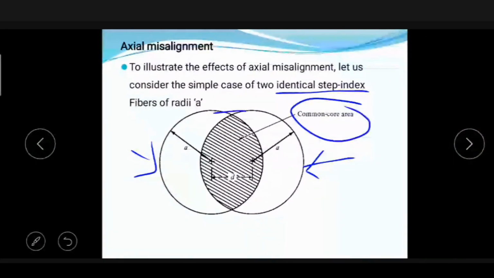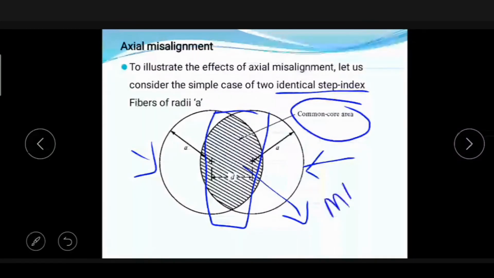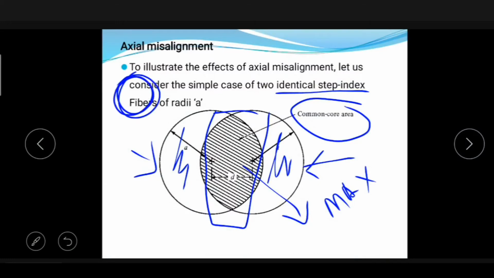This is a common core area, and at this point the optical power is maximum. Here there is no optical power, here there is no optical power, because the axes are not aligned. If the axes are aligned, then these are two fibers. This is a core.